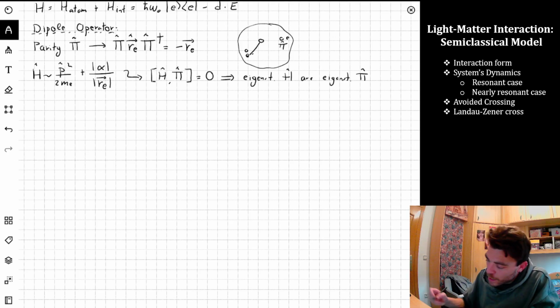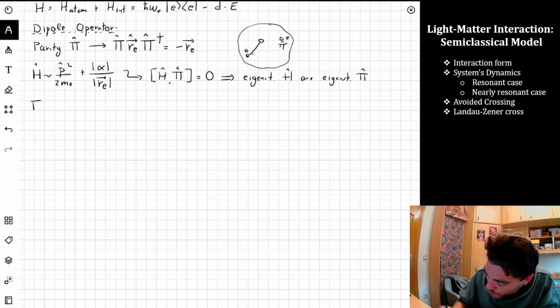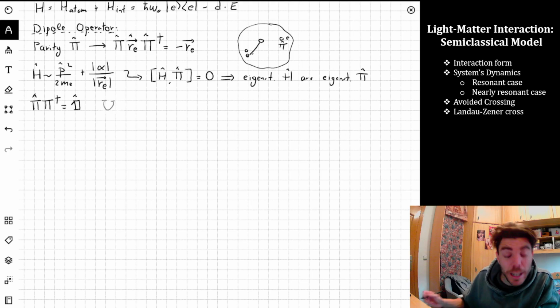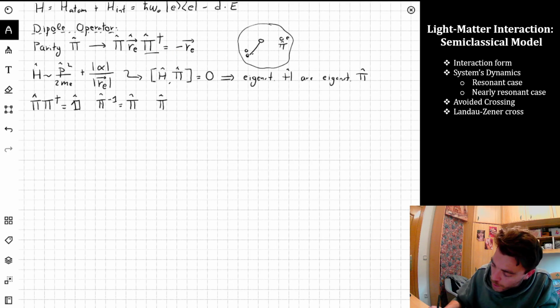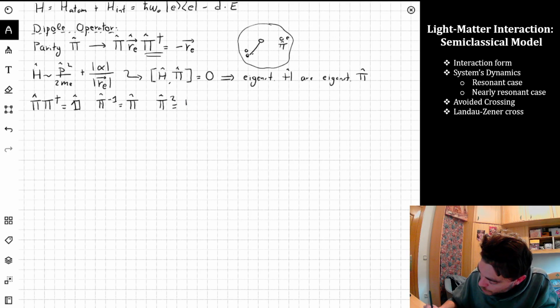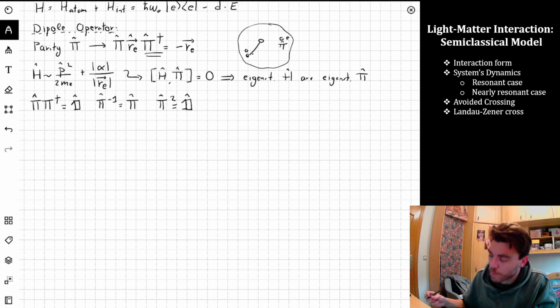So follow me here. One of the mathematical properties of this parity operator is that it's a unitary operator. This can be proven. Typically a unitary operator is called U, so I wrote U. In this case it's pi, sorry. So the inverse of the operator pi is equal to itself, and it's also idempotent. Because of this rule here, one can show that if you apply pi twice, you just get 1, the identity matrix, because you flip the sign twice.